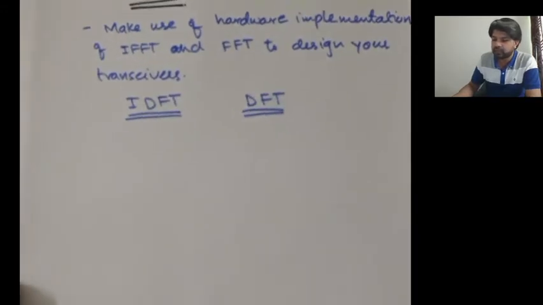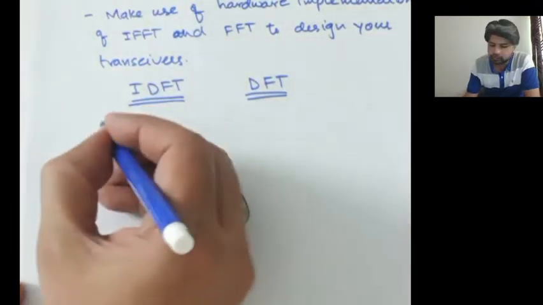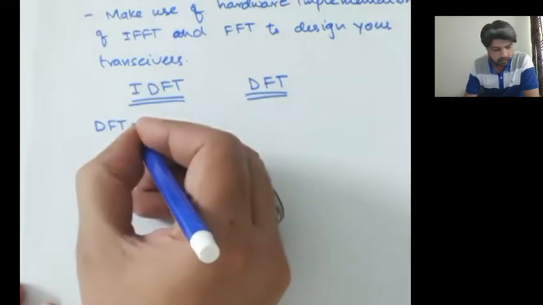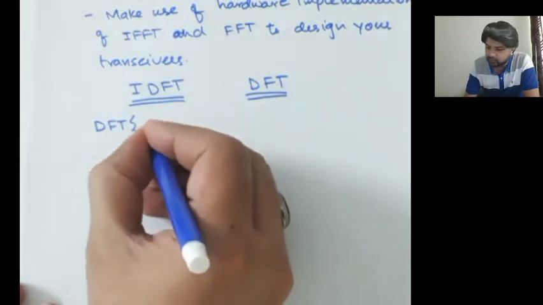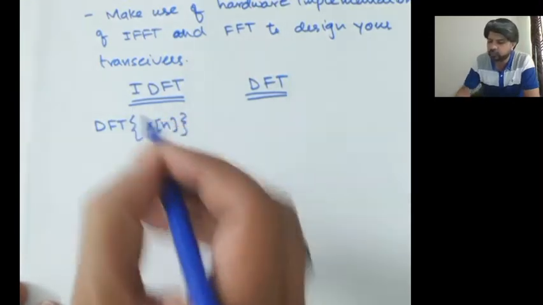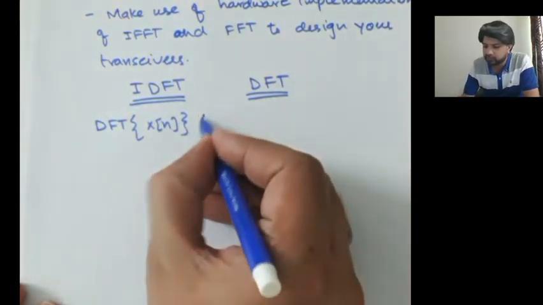So let's start with the definition of the discrete Fourier transform of a signal x of n. You have a discrete time signal x of n, and if you want to compute its discrete Fourier transform, it is defined as follows.